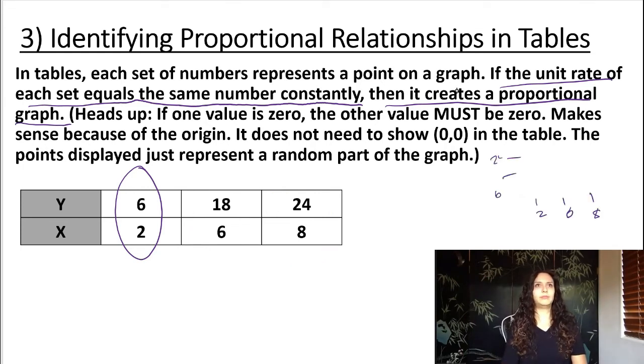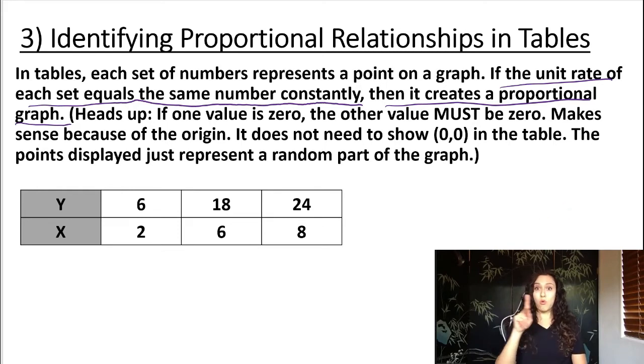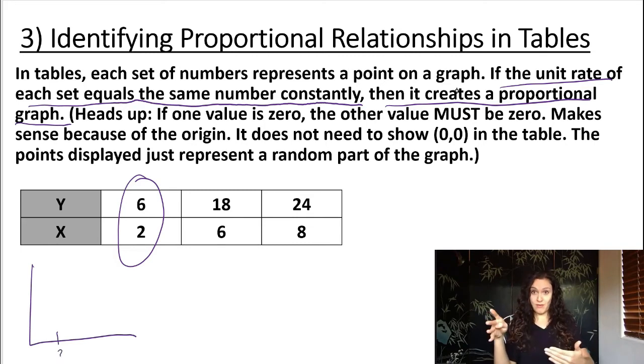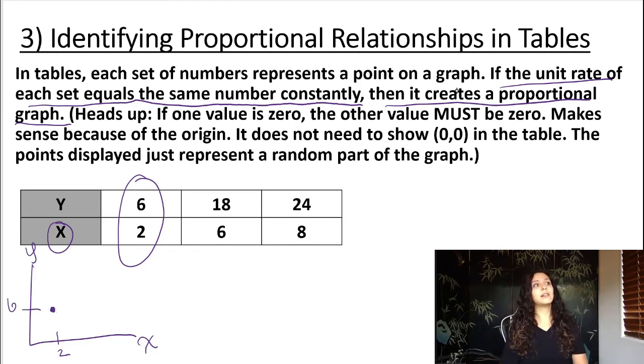So that's okay. When we are trying to find if something is proportional in a graph, we're just going to divide the points. Remember, this set represents an exact point on a graph. If I were to graph it, here's 2, because these are my x values. X values are over here, y values are over here. If this is 6, that's my point, 2, 6.